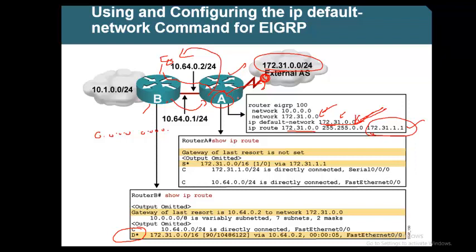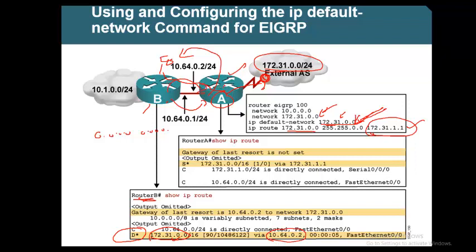So if B wants to reach 8.8.8.8, which is Google's DNS, even though the routing table of B does not have the 8.8.8.8 route, it will forward it to this network. This network it needs to reach via 10.64.0.2, which is the very next router.